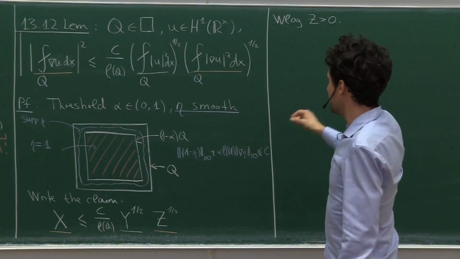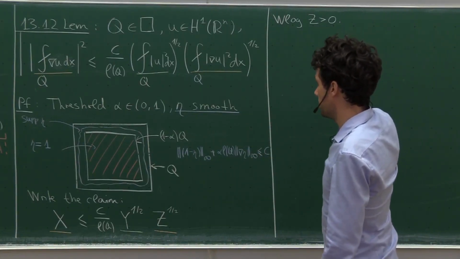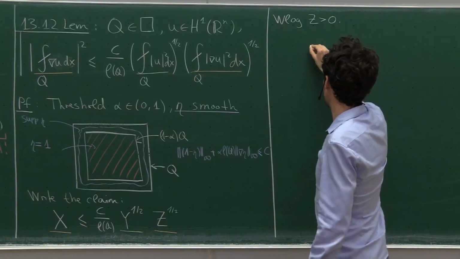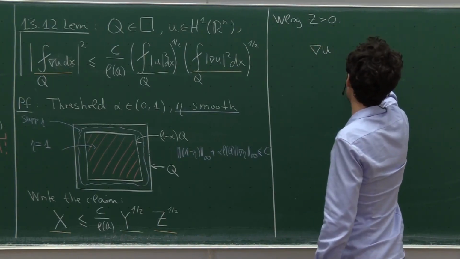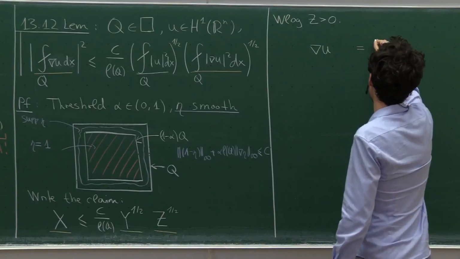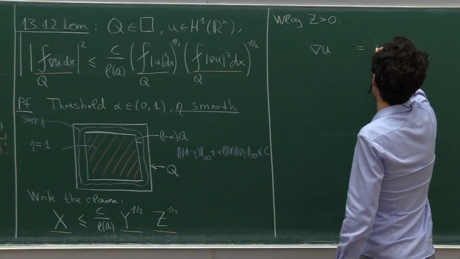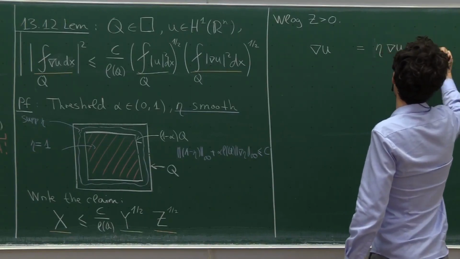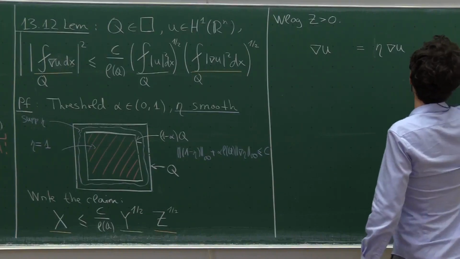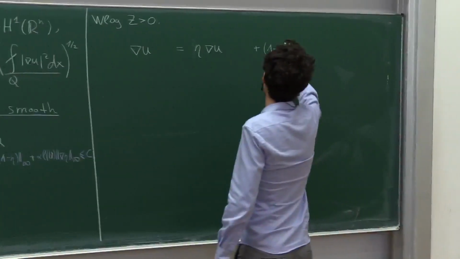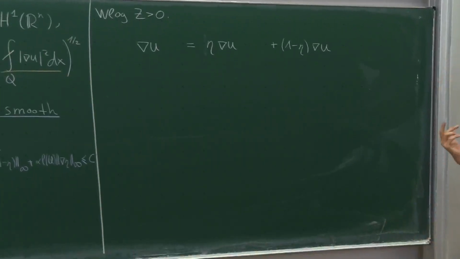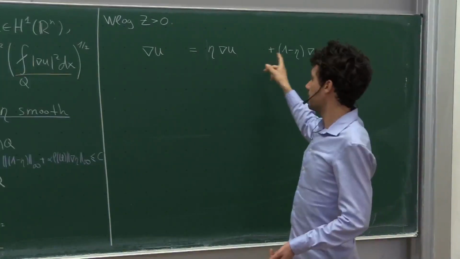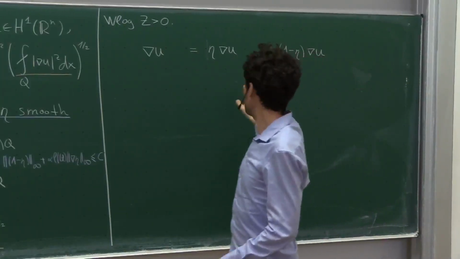Now I'm going to take the gradient. The gradient is what I want to bound the integral of, and I'm going to write the gradient as eta times the gradient plus 1 minus eta times the gradient. Okay, so I distinguish between parts that are supported near the boundary.